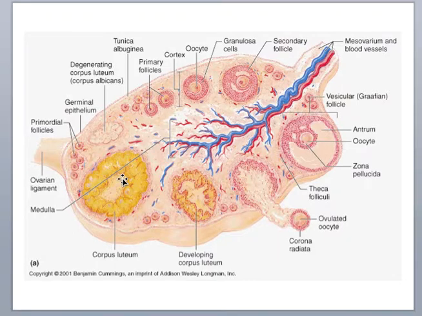That corpus luteum, when stimulated by luteinizing hormone, will produce and release progesterone, which helps maintain the endometrial lining of the uterus for possible implantation. Now, if there is no implantation, then this corpus luteum is not needed because we don't have to maintain the endometrium anymore, and it will degenerate and become a corpus albicans, which is essentially scar tissue left behind.